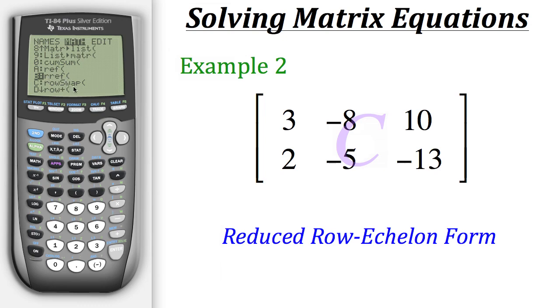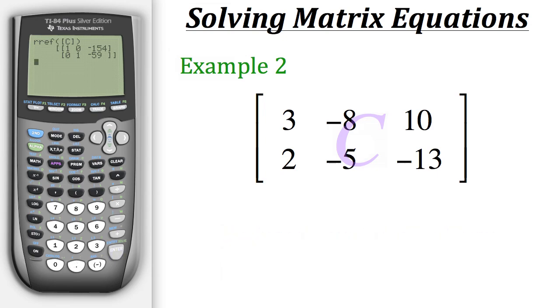Well, that RREF stands for Reduced Row Echelon Form. So we'll hit enter on that option. And now we need to put in the matrix that we want to put in that form. So we'll go to second, X inverse, and bring up matrix C. And then close the parentheses. And now we'll hit enter.